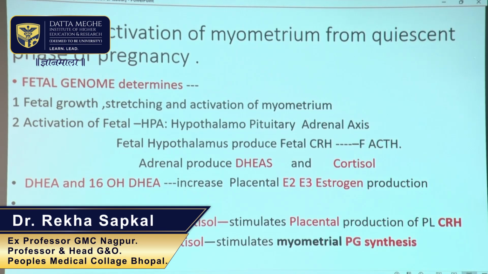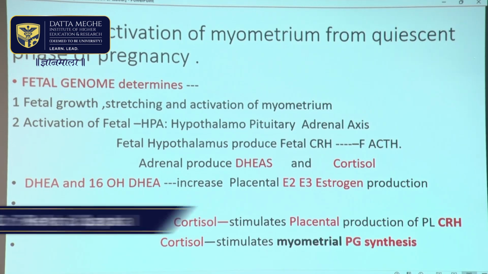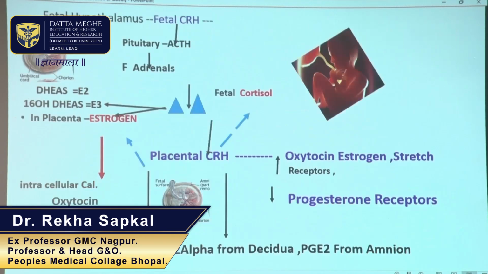So, total estrogen content increases in the activation phase. This cortisol, which is produced by the adrenal glands, also stimulates formation of the placental CRH. Cortisol also stimulates myometrium for the synthesis of prostaglandins.